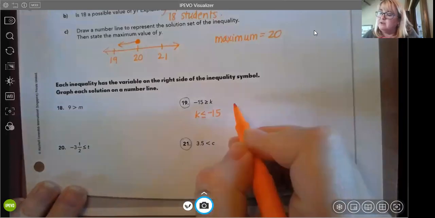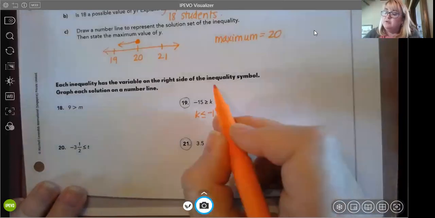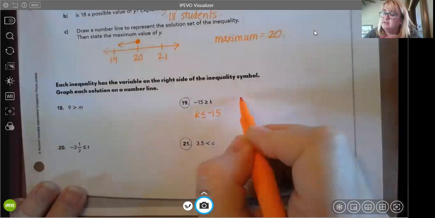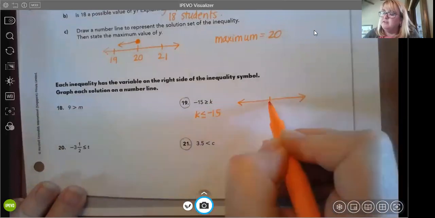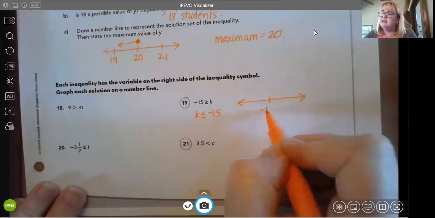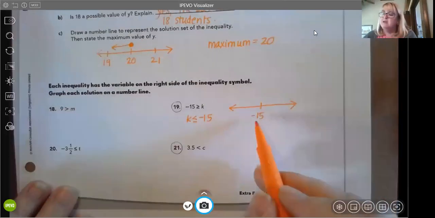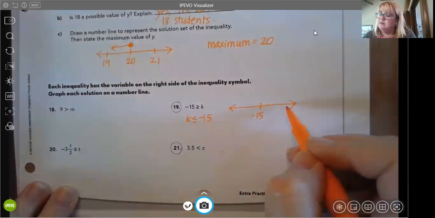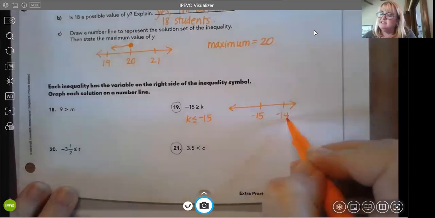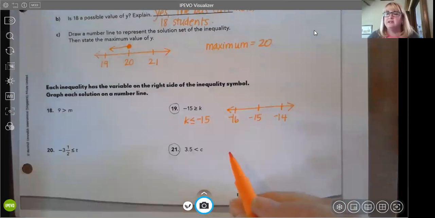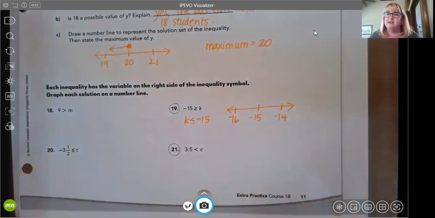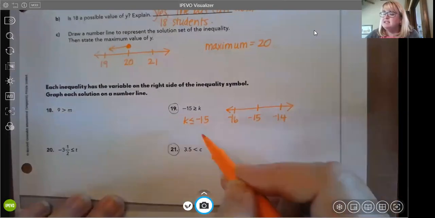All right, so once you do that, you are going to graph the solution set.